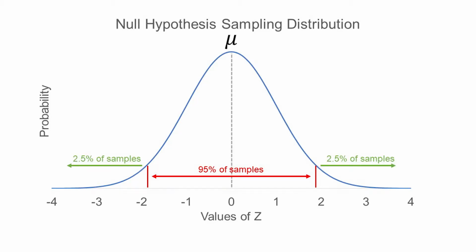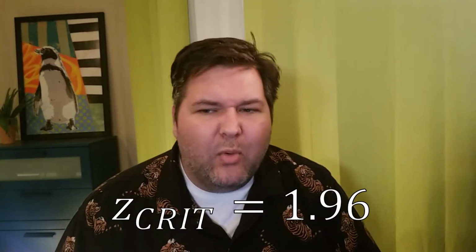In this distribution, 95% of the data falls between values of z that are equal to negative 1.96 and positive 1.96. Samples drawn from that distribution will only fall outside of that range 5% of the time, which is exactly what we're looking for, so that we can say our critical value of z, or as the cool kids say, z crit, is 1.96.